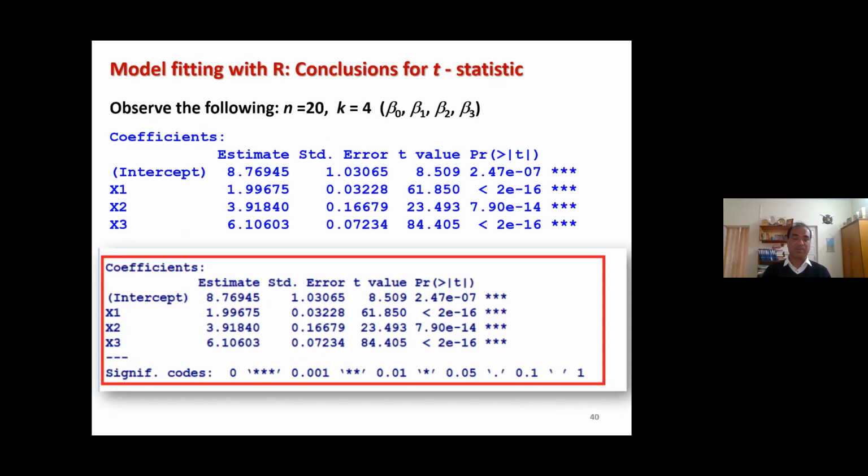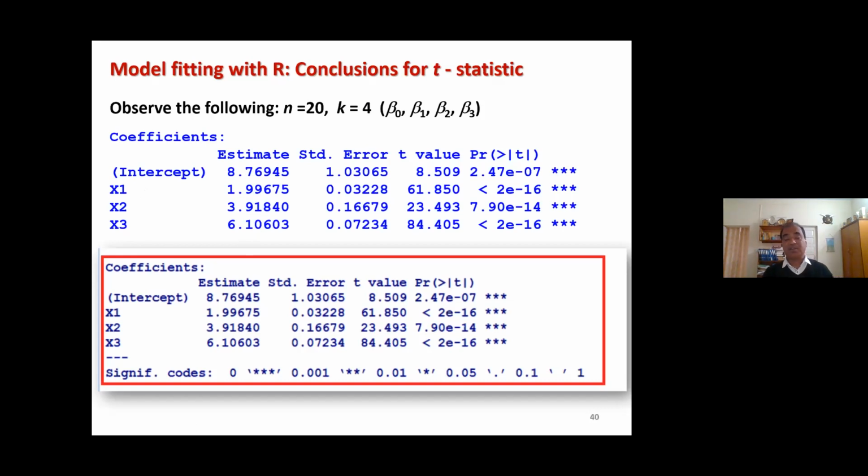Now you can see here what it is trying to give you. I will go extremely slow, and you just try to concentrate on my mouse control. You can see here, first column is intercept, then x1, then x2, then x3. And the second column is estimate. So the estimates here are: intercept is 8.76, x1 1.9, x2 3.9, and x3 6.1.